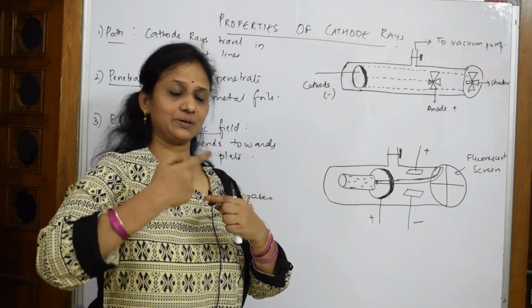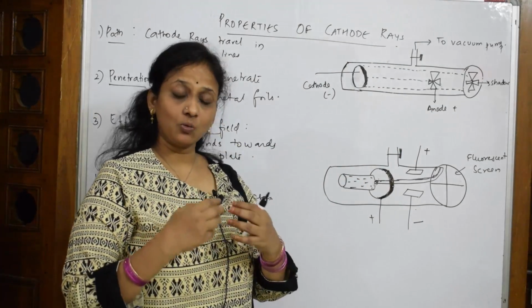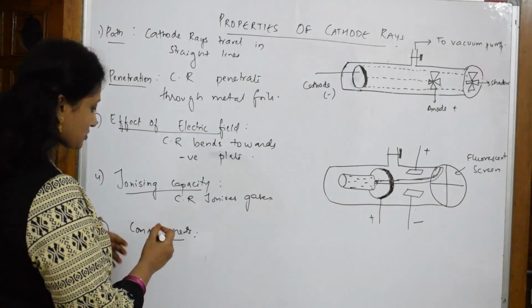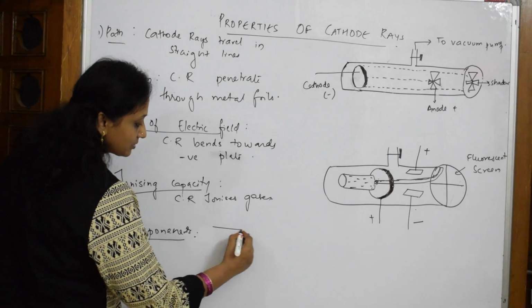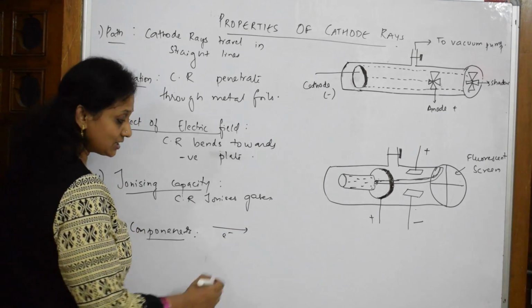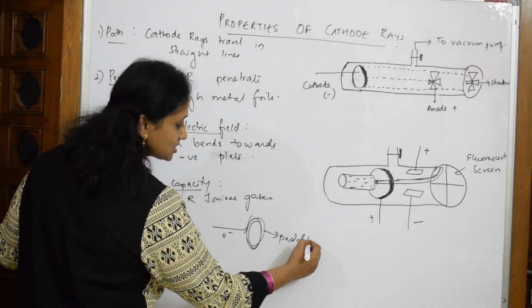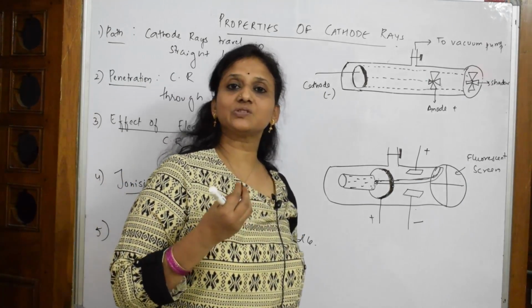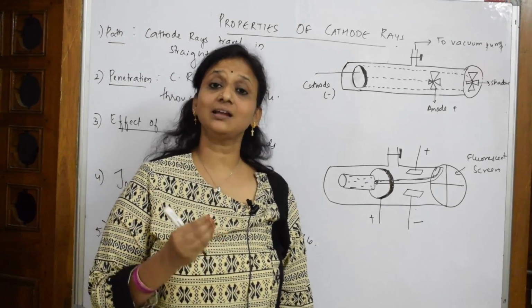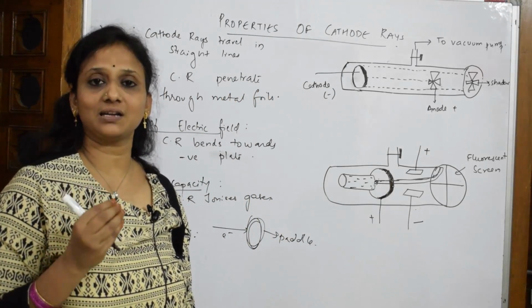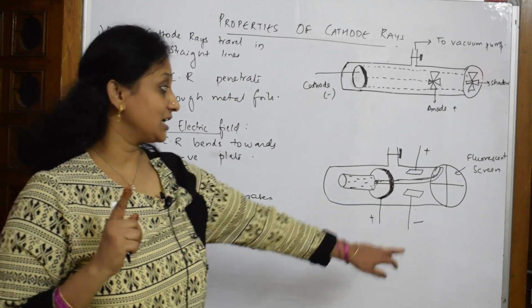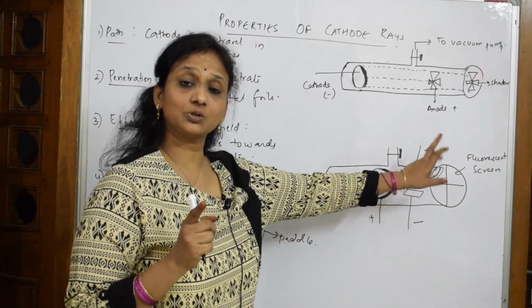Paddle means a wheel type inside the discharge tube. Because of the travel of components from cathode to anode, these electrons are traveling, and this paddle starts rotating. Paddle means you already know, I think. So this paddle starts moving. This proves that cathode rays contain components, or particles, which are negatively charged because they are attracted towards the anode.